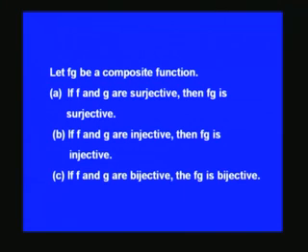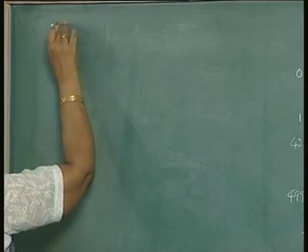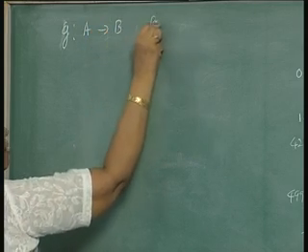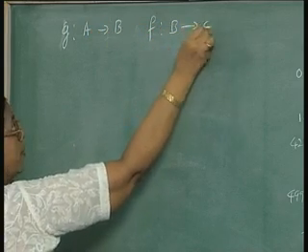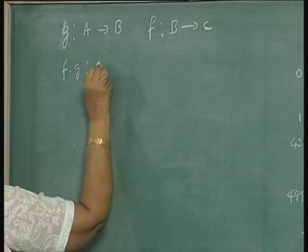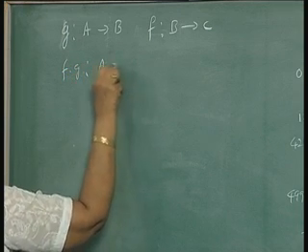Let us prove this result. So, g is from A to B, f is from B to C. Then f dot g, the composite function, is from A to C.